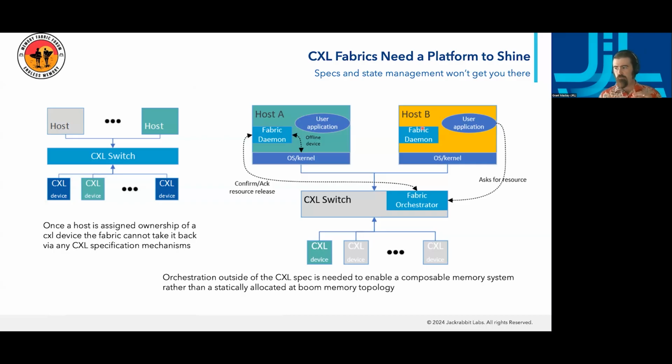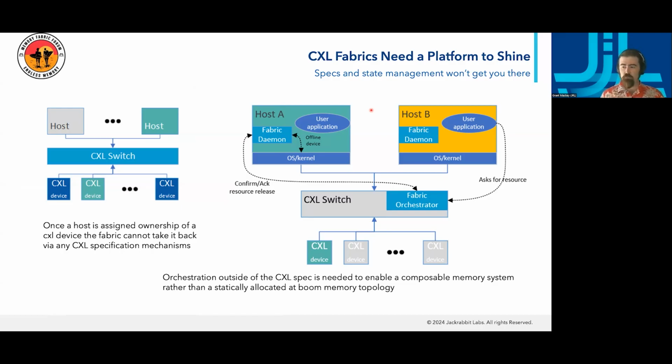So in this situation, we have a user application, and host B has asked the fabric orchestrator for resources. The fabric orchestrator sees that host A has resources that host B could use. So the fabric orchestrator goes to host A's fabric daemon and says, hey, are you using that thing? I need it.